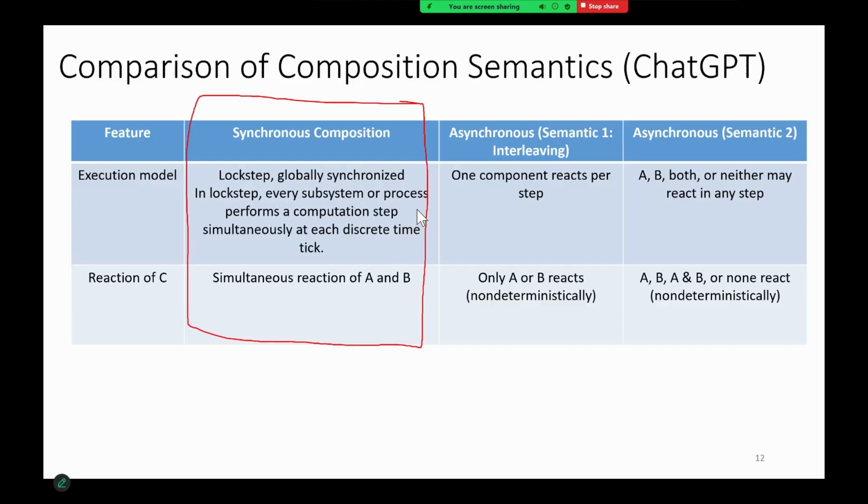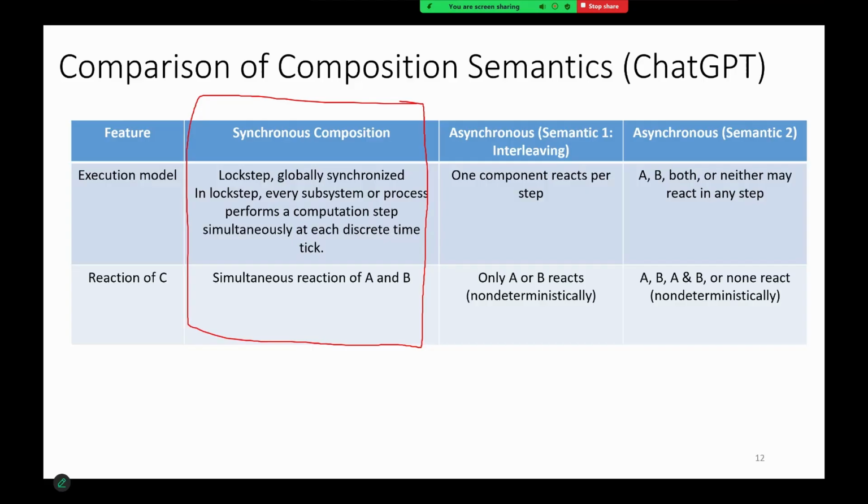And then the asynchronous semantic 1, which is the interleaving: one component reacts per step, either A or B. And the choice of who reacts is non-deterministic. It might be A, or it might be B. This is the interleaving semantics.